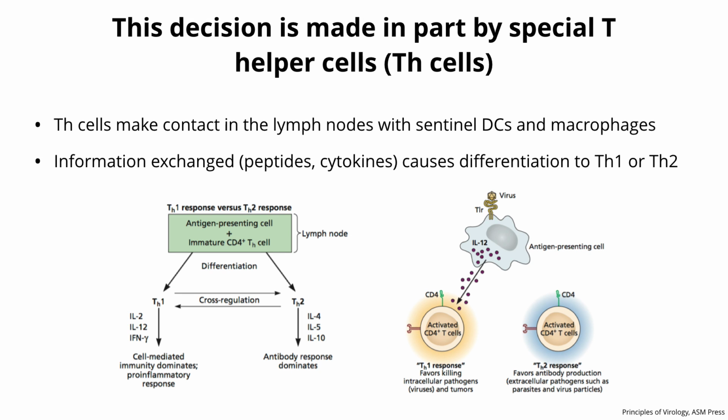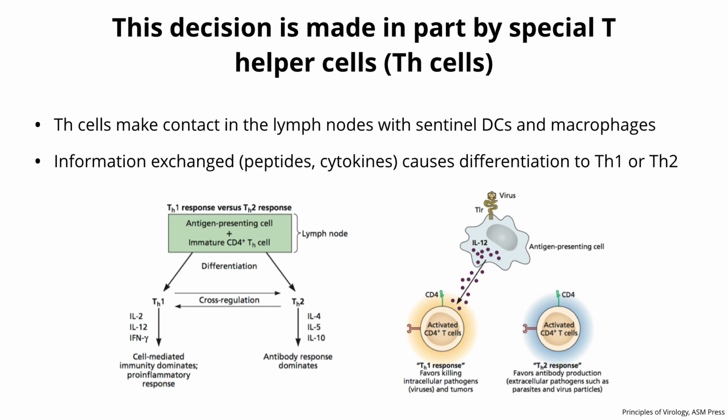Well, that involves the two different classes of CD4 cells that I mentioned earlier, the Th1 and the Th2 cells. Now remember, in the lymph nodes, the DCs and the macrophages presenting antigen, they come in, they present these antigens to the T helper cells or the CD4 cells. And at that point, what the two cell types exchange determines whether these cells are going to become Th1 or Th2 cells.